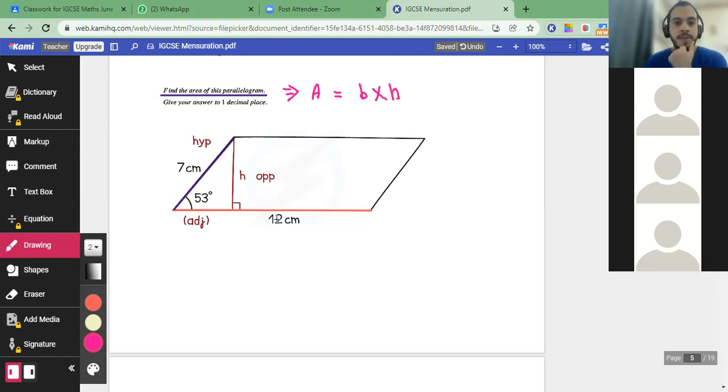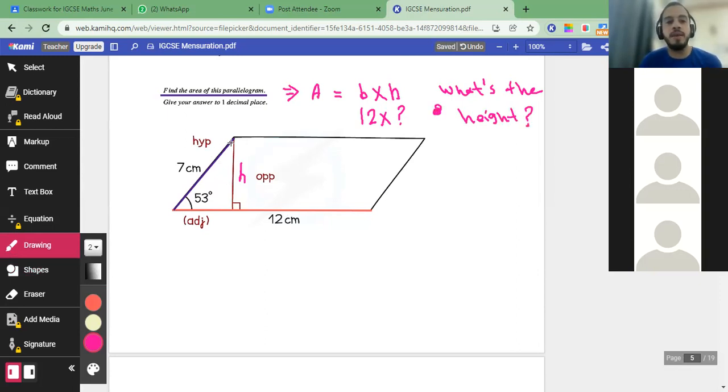What is the base? The base is 12. What is the height? The height is here, h. So first step, we need to figure out what the height is, isn't it? First I need to calculate the height.